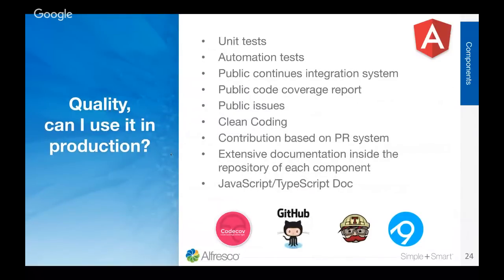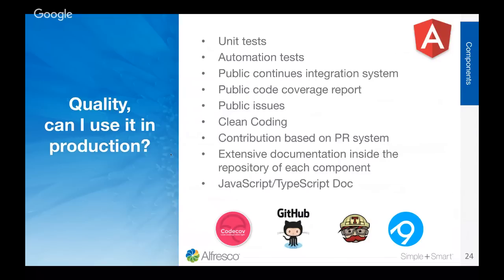So one of the concerns that people often have with Angular 2 and everything related to it is whether these things are ready for production. And the answer is, of course, yes. We do unit tests, we do automation tests, we have a public continuous integration system, and all the coverage and everything is public on GitHub. We believe in clean coding, and internally we also do peer review.